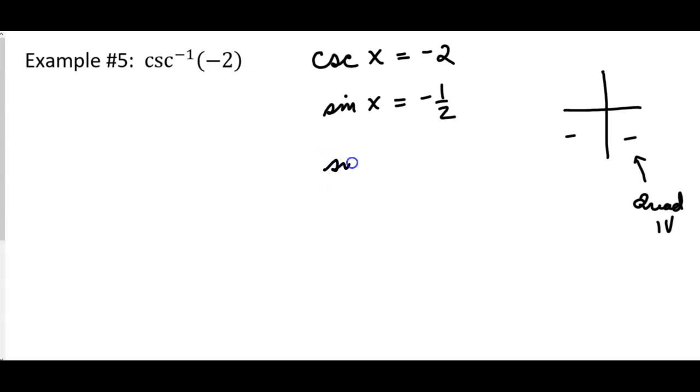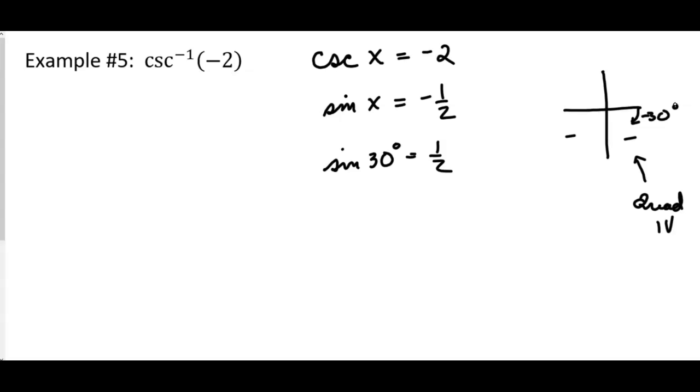Well, sine of 30 degrees is 1/2. So I'm thinking I'm going to have some kind of reference angle of 30 degrees, right? Okay, so I want that to be like -30 degrees. And they don't really tell me if they want it in degrees or radians.